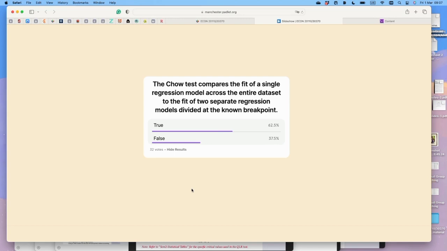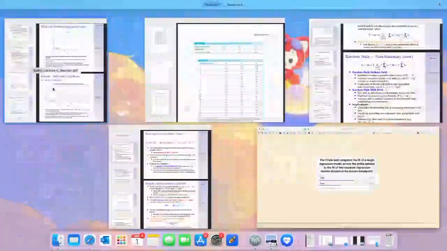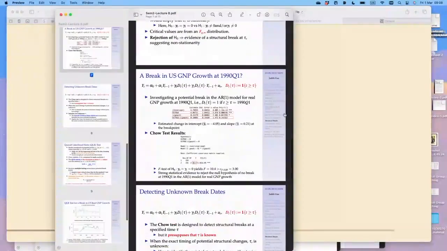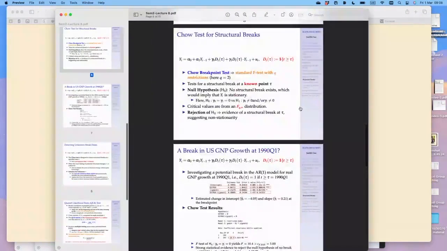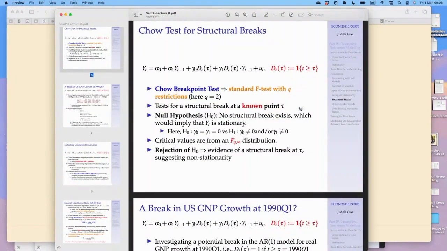What was the idea of the F-test? Okay, the Chow test is essentially the F-test. The construction of the F-test involves comparing the residual sum of squares of the restricted and unrestricted model. Remember what we discussed on Monday: under the null hypothesis, the model will not involve these terms.